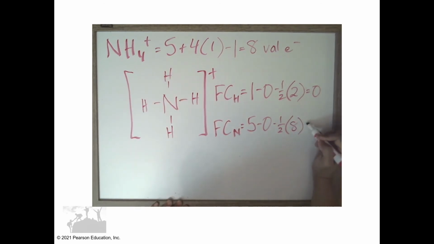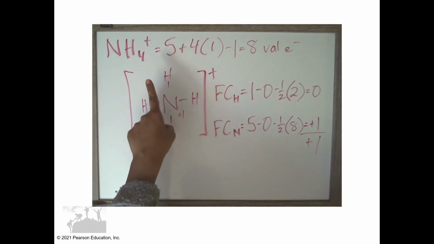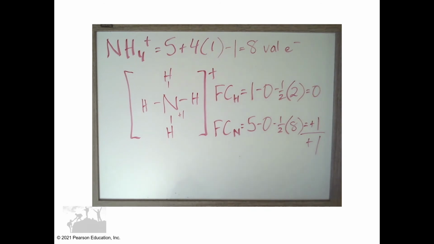We're only taking half. So our formal charge for nitrogen is a +1. So now let's add everything together. Our sum is +1, and that should make sense because that is the charge of this polyatomic ion.